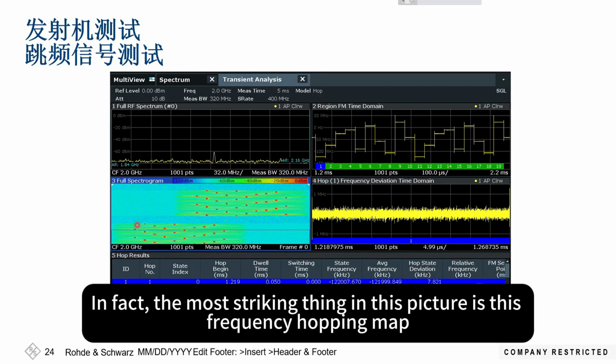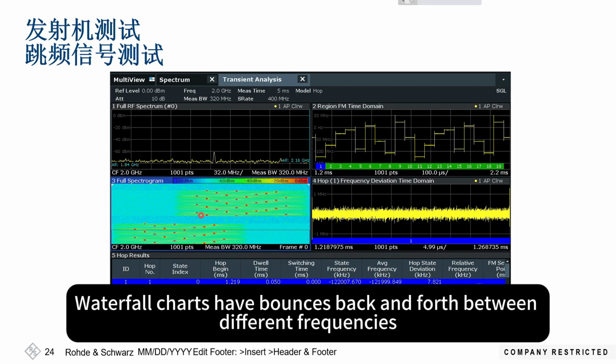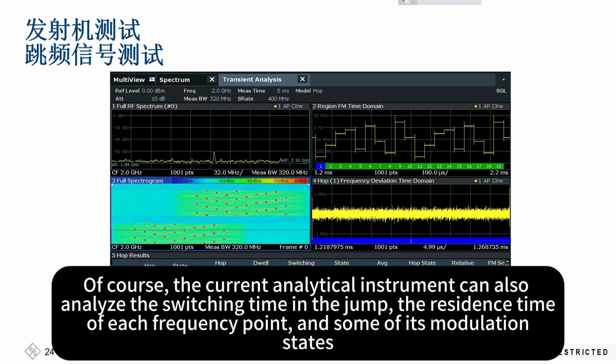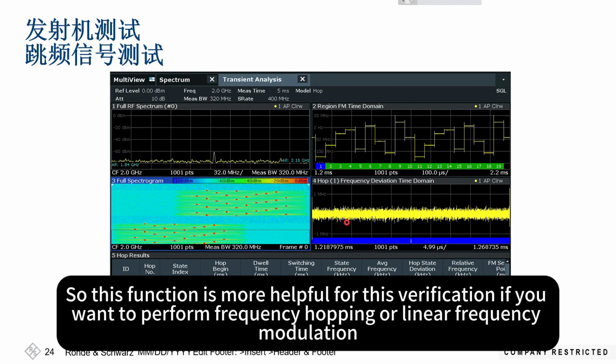The most striking thing in this picture is the waterfall chart, which bounces back and forth between different frequencies. Of course, current analytical instruments can also analyze the switching time in the hop, the dwell time of each frequency point, and some of its modulation states. So this function is more helpful for verification if you want to perform frequency hopping or linear frequency modulation.